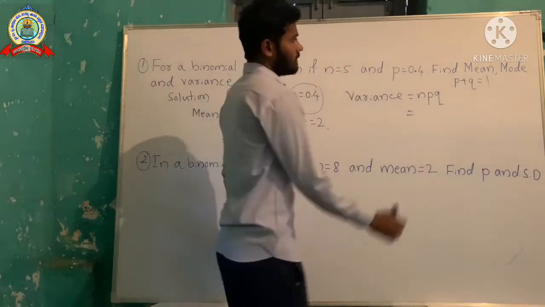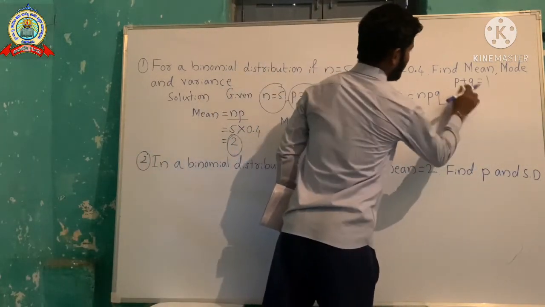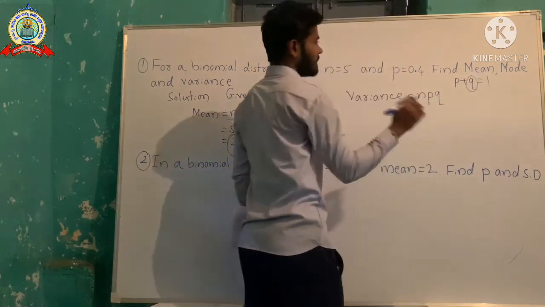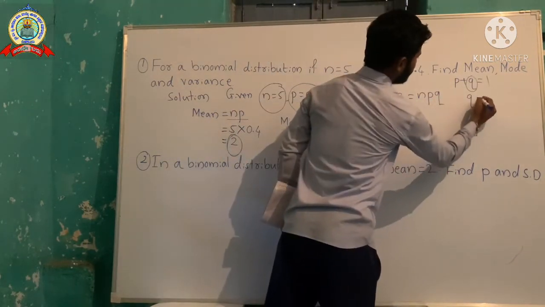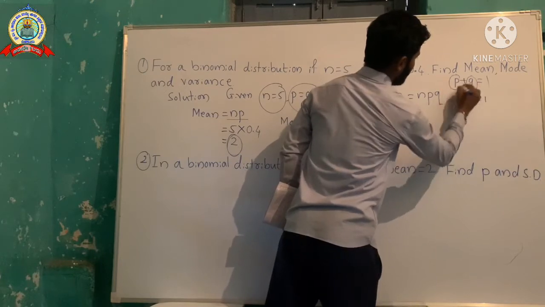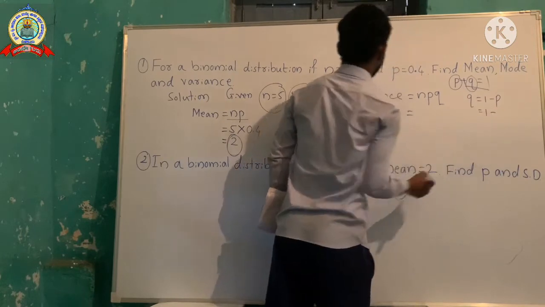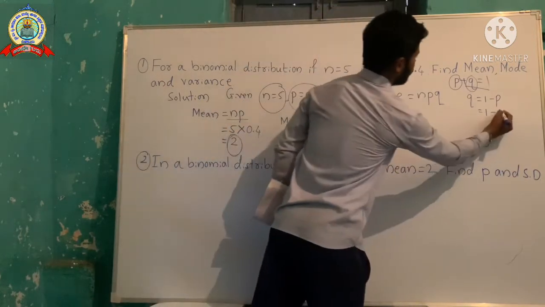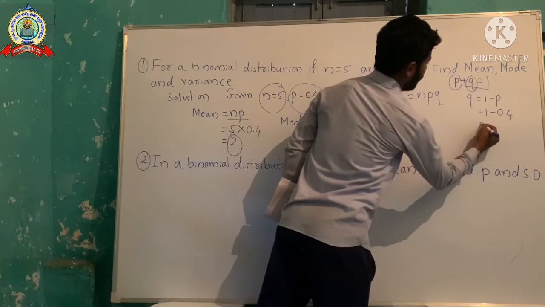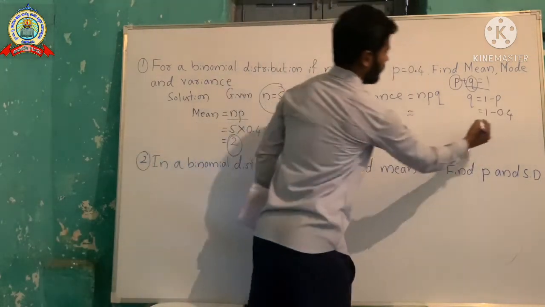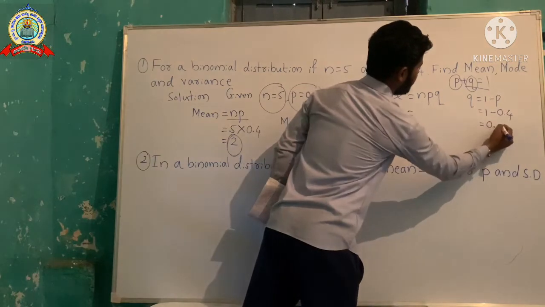Clear? So q is equal to 1 minus p. What is the value of p? 0.4. So from 1 I have to subtract 0.4, so ultimately we will get 0.6.